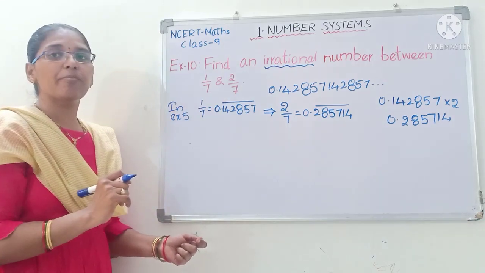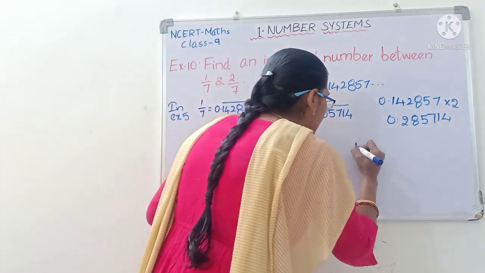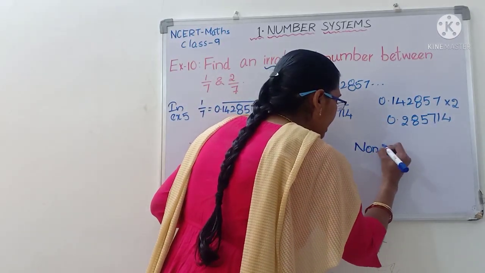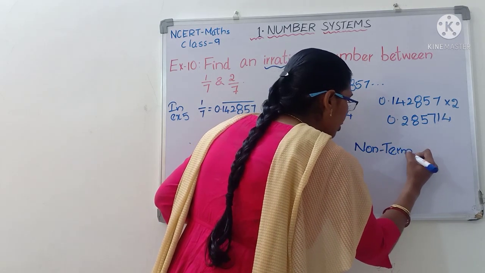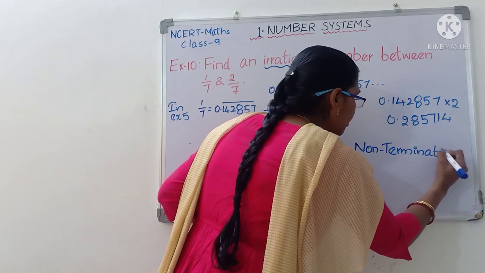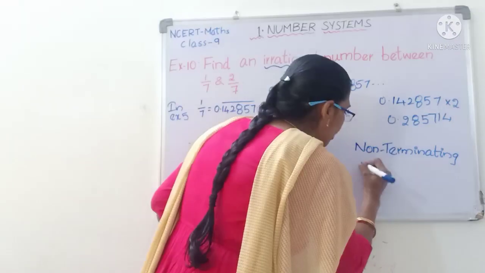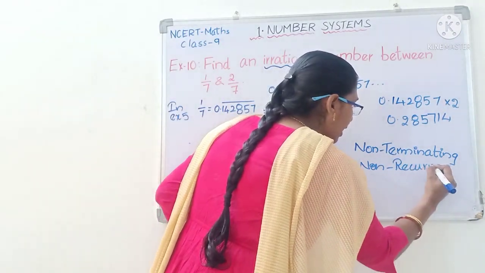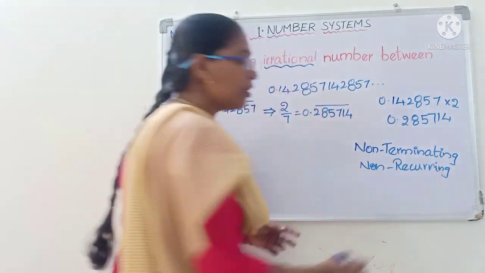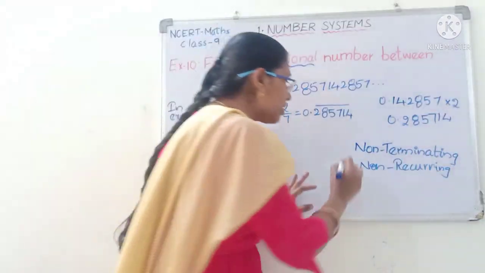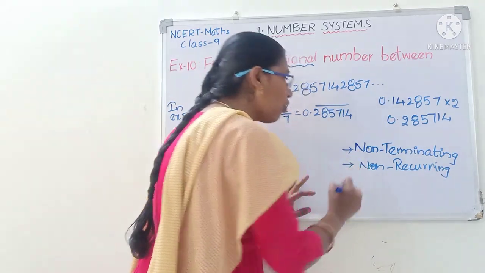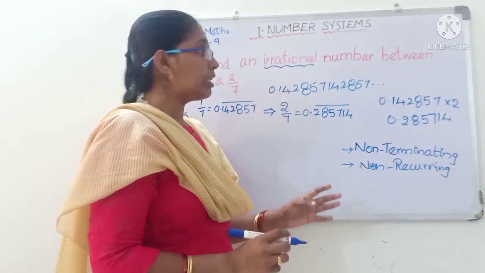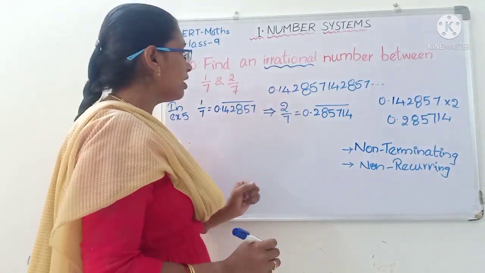What is an irrational number, children? Irrational number is non-terminating and non-recurring. A number whose decimal expansion is non-terminating and non-recurring, that number is called an irrational number.